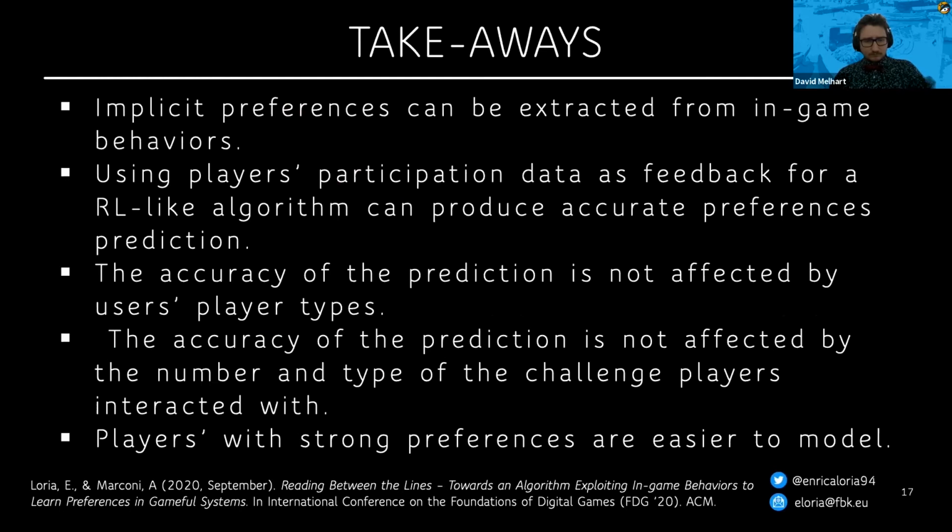However, we observed very variable results in terms of accuracy, which is affected by the strength of players' preferences, measured in their explicit choices. Other factors, such as the number of iterations of the algorithm or players' types, did not affect the algorithm's performance.